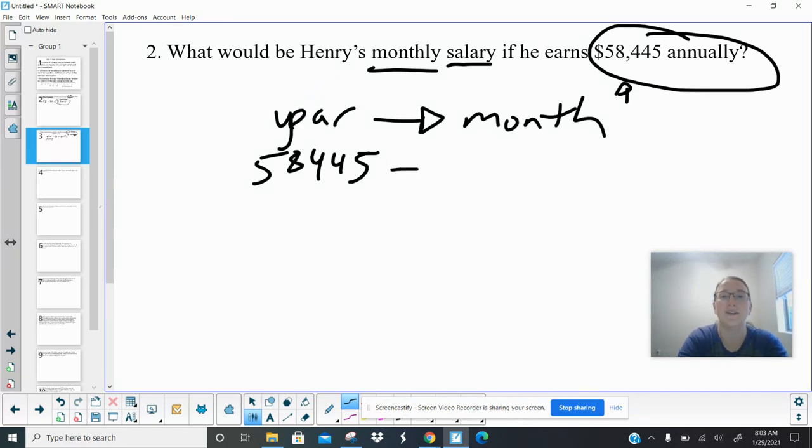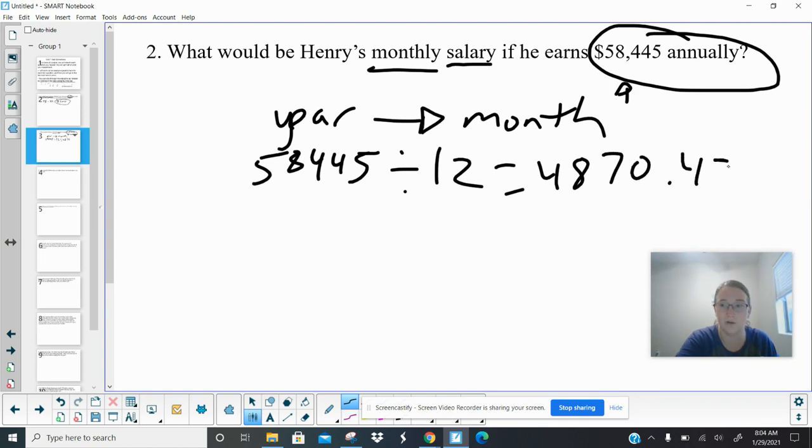You should have divided by 12 because it was a month. Yeah, guys, if you're looking at your answer and you have a bigger number than what they gave you, you weren't thinking. We only want to know, we have the year's salary that gets split into 12 months. You should have divided and not multiplied. So in this case, 4870.42 is the answer.